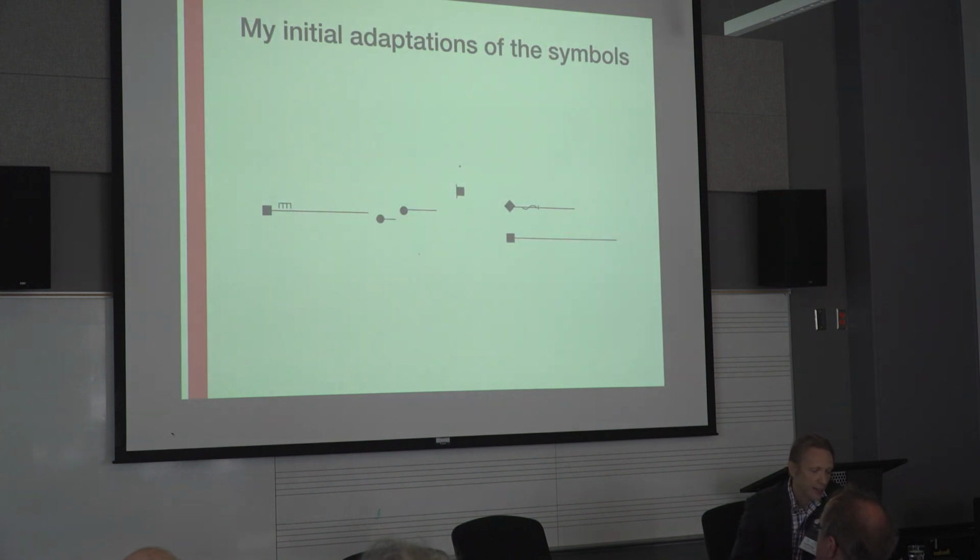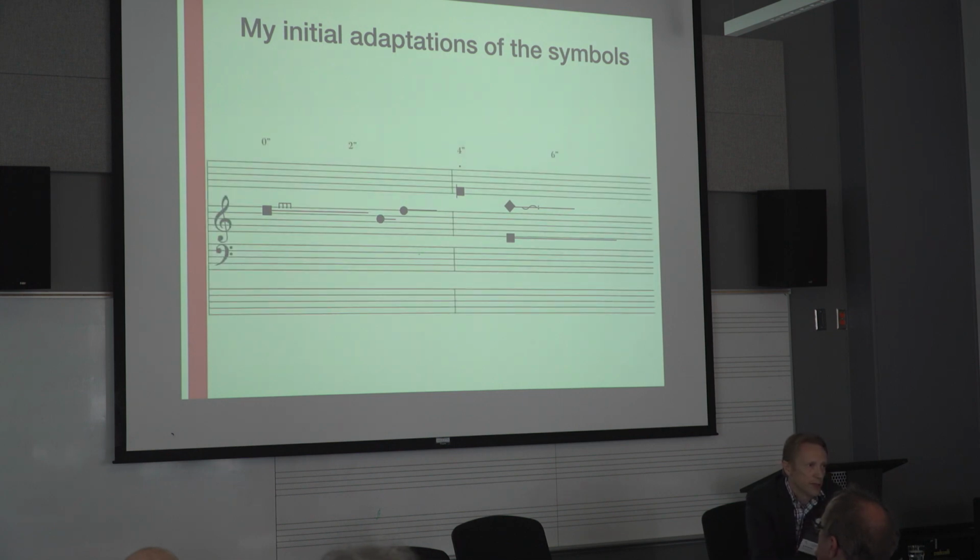So you would take these symbols from the Thoresen system and place them over staff systems. And the first adaptation would be to include symbols of spectral width, which are the dashed vertical lines.